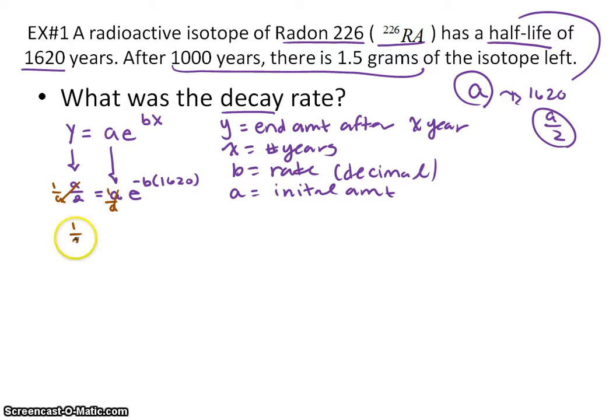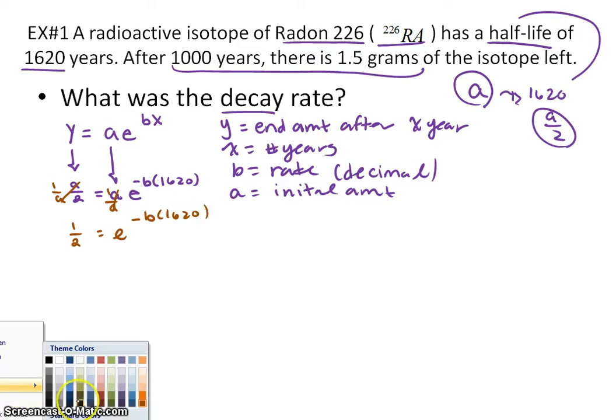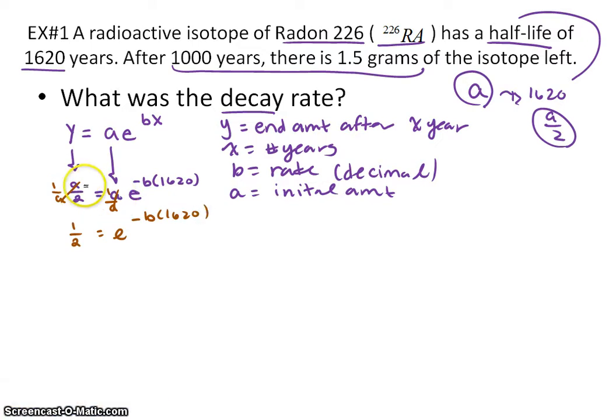And I'm left with 1/2 is e to the minus b times 1,620. So it really didn't matter what the A value was, what the initial amount was. I just know that what I have now is going to be, after 1,620 years, 1/2 that amount. That goes back to the half-life problem.